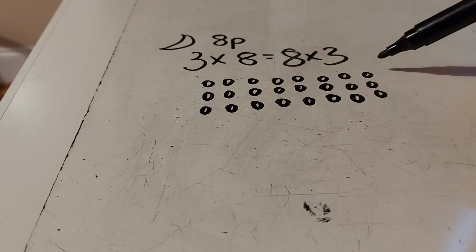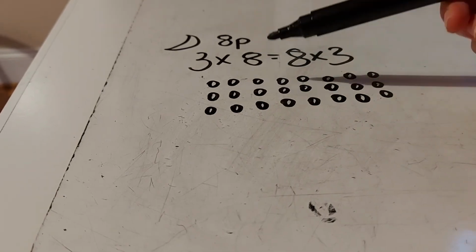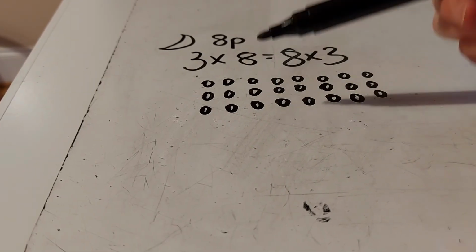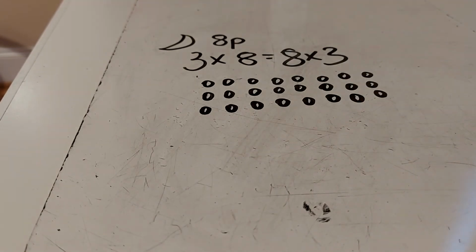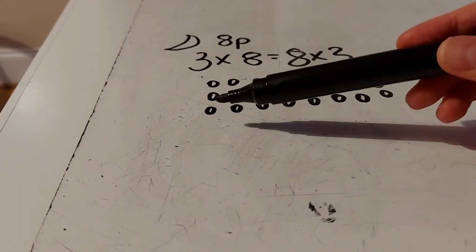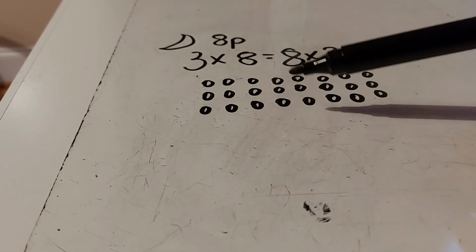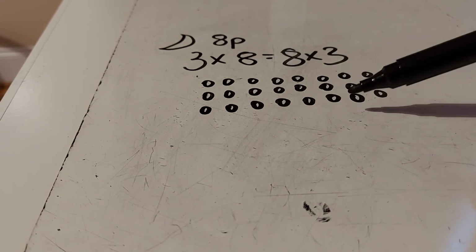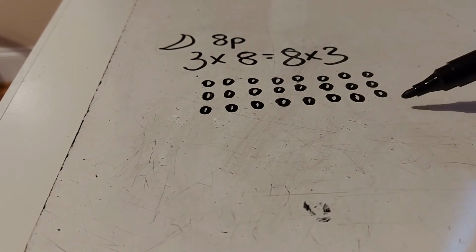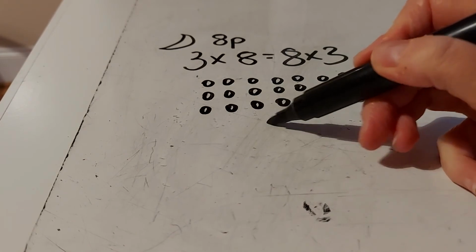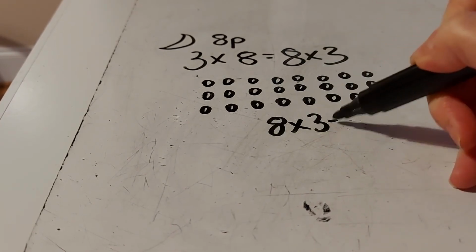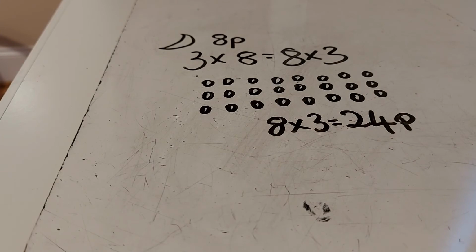And the reason some of you may have preferred to do that is because instead of counting the dots individually, as you find your 3 times table easier than your 8 times table, you might be able to do the repeated addition. 3, 6, 9, 12, 15, 18, 21, 24. So 8 times 3 equals 24 pence. And even though that was using arrays, and we'd flip the numbers around, we got the same answer, 24 pence.